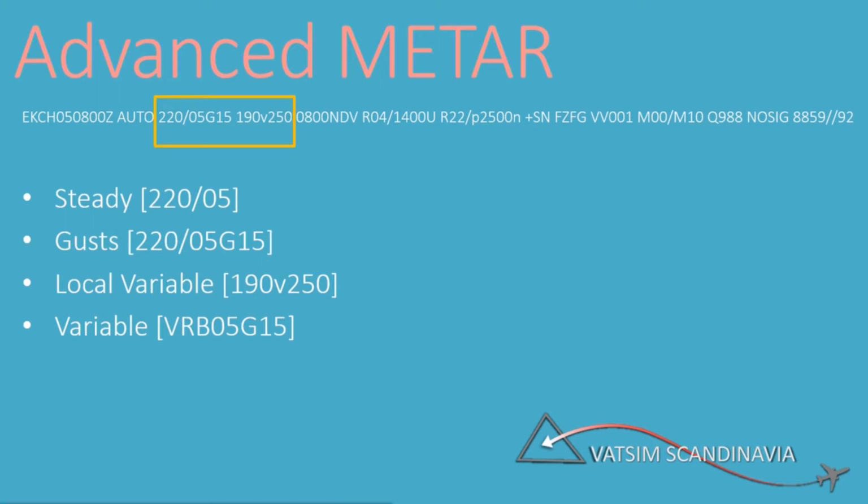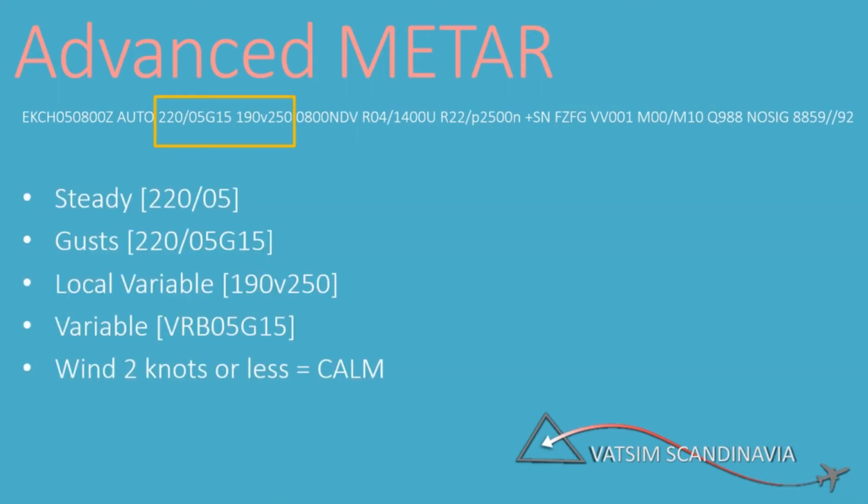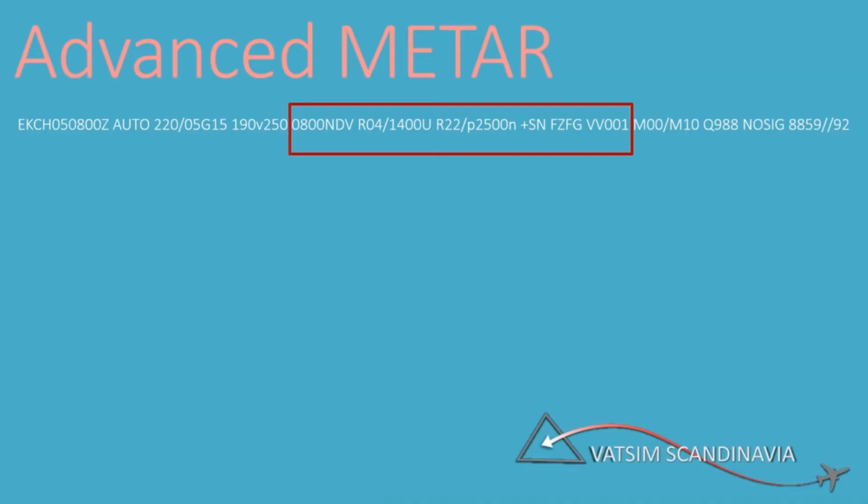So these are normally the different kinds of wind you can see: a steady wind, a steady wind with a gust, a wind being variable, and also wind being so variable that there is no direction. If the wind is less than 2 knots, then it is considered to be calm. Now, you do have other specific runway conditions coming up at the end, but we will get back to that.